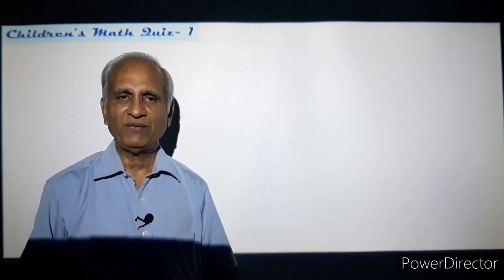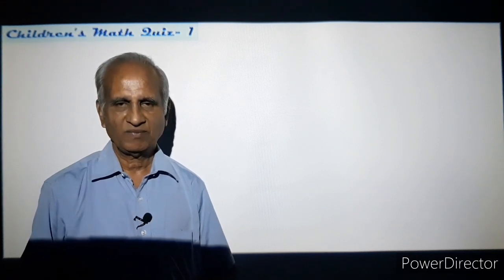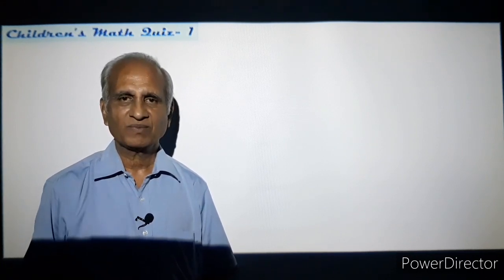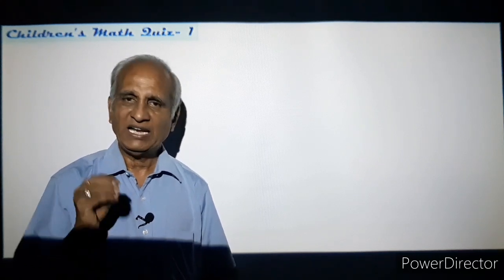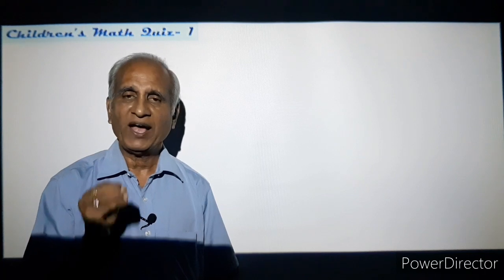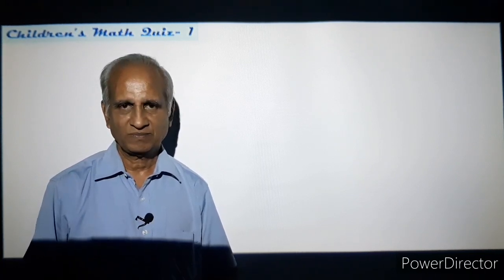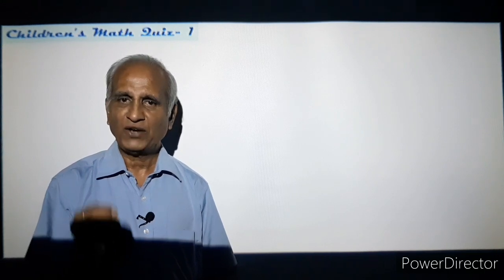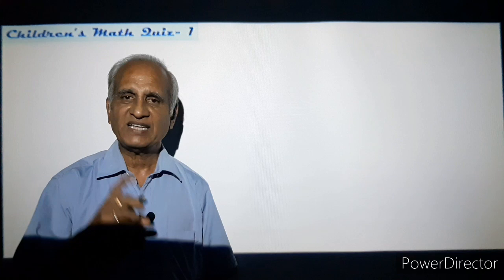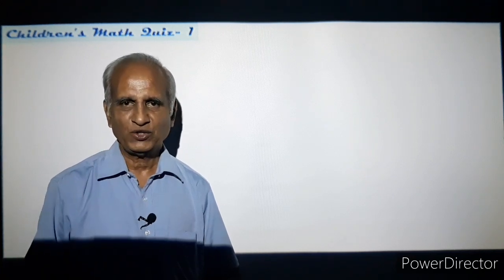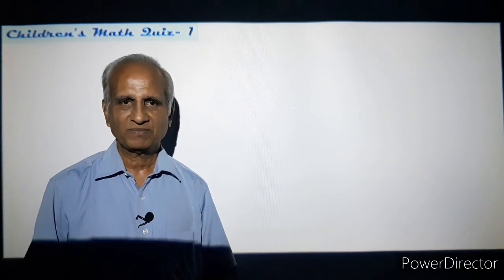The child will be given 5 seconds time to think over. After that, we will discuss the answer. I'll even let children know as to how the answer has been arrived at. Children have to concentrate these few minutes as the quiz progresses to get the maximum benefit from it.